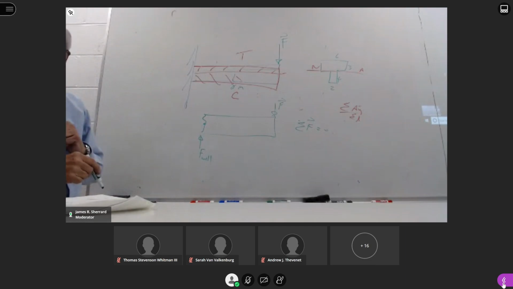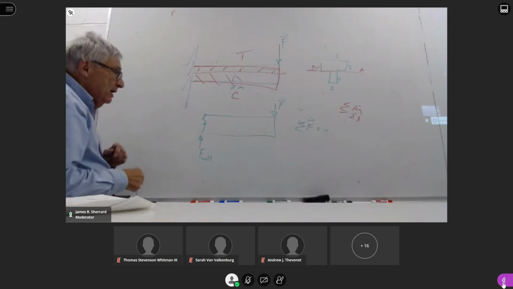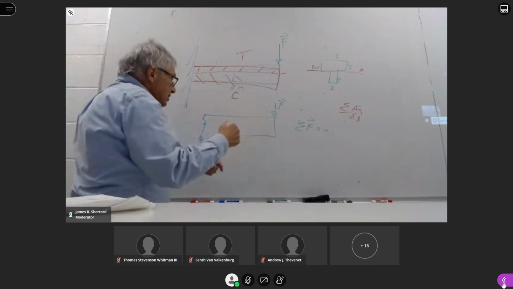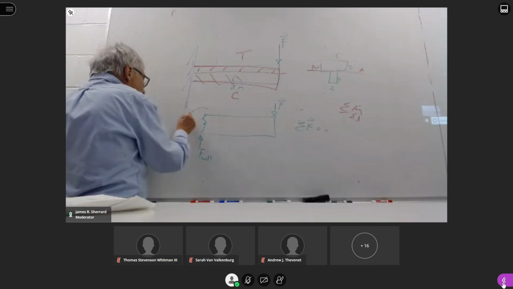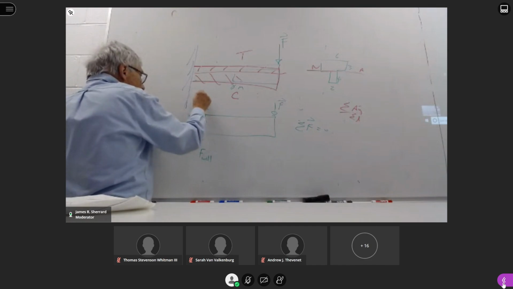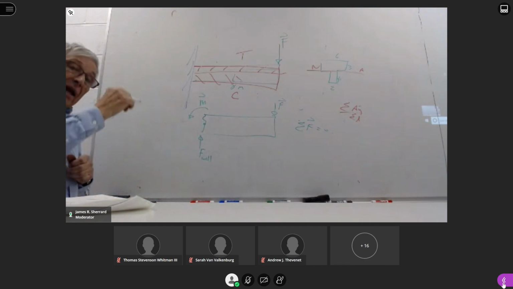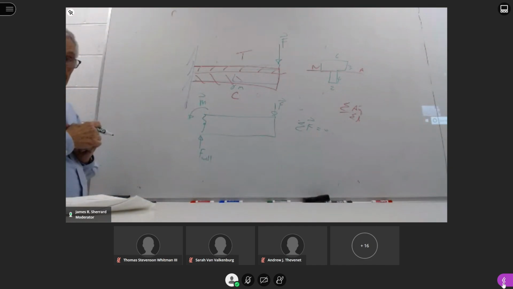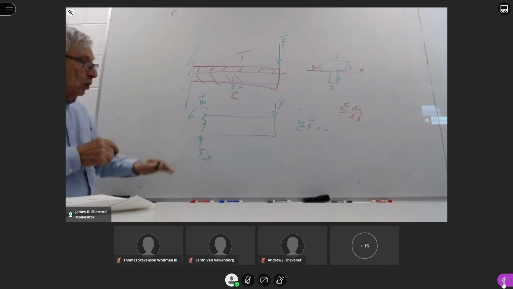For equilibrium, we can't have that. So if this is going clockwise, at the wall we have to apply a moment that is counterclockwise to put it in equilibrium. We can find out what that is using the 6 equilibrium equations.